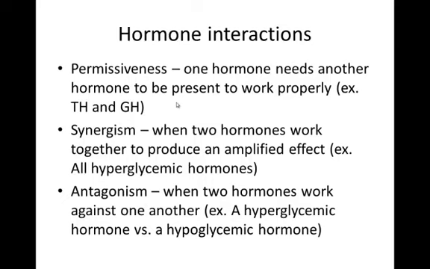Synergism is when 2 hormones produce an amplified effect. The example here would be all of the hyperglycemic hormones. What hyperglycemic means is elevated blood sugar. Emia means blood, hyper means more than, and glyc means sugar.